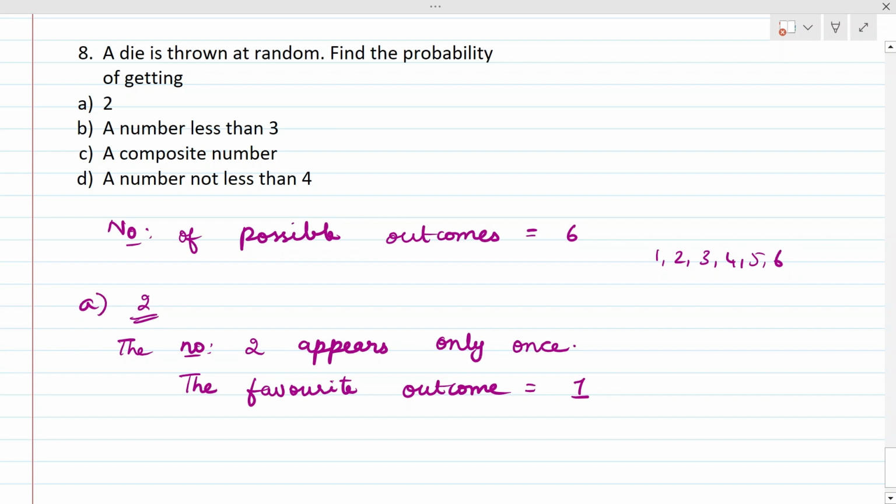Now, the probability of getting the number 2 is 1, where 1 is our favorable outcome, divided by the 6 possible outcomes. So the probability of getting the number 2 is 1 by 6.